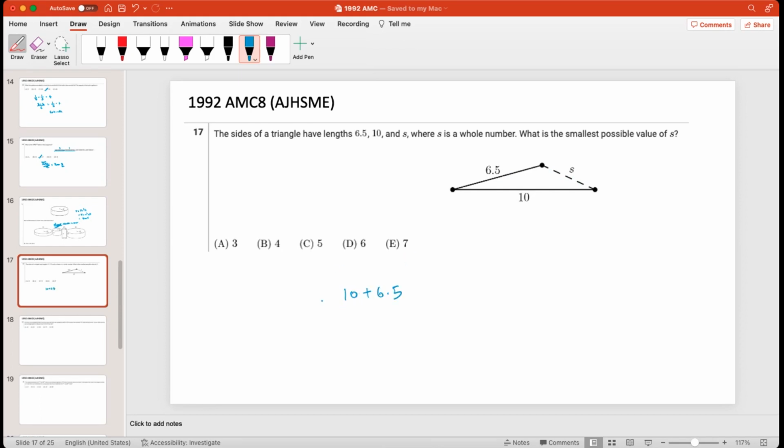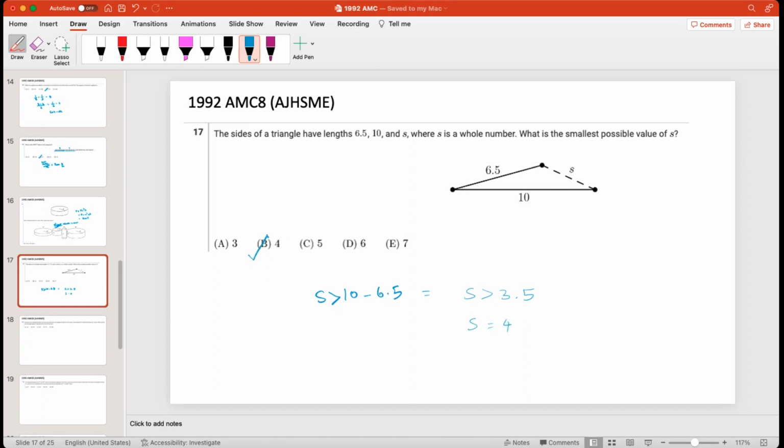So if S is greater than 10 plus 6.5, no, sorry, not plus, minus, what am I saying? Sorry, the difference. The third side is greater than the difference of two sides, right? So it's basically S is greater than 3.5, right? So the smallest value possible for S is 4.